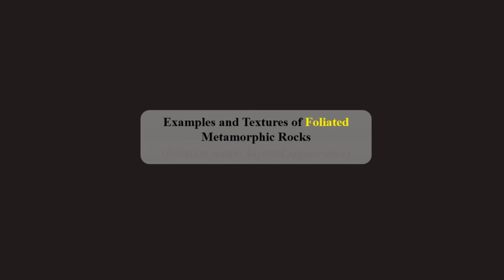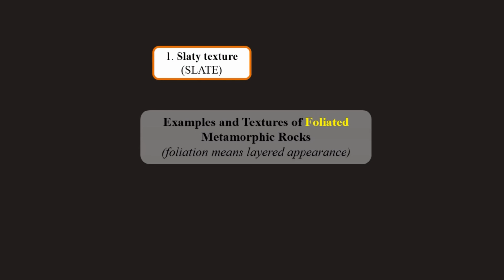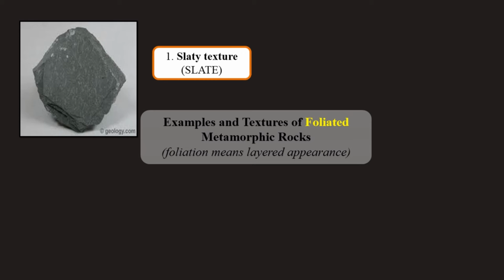Now let's talk about the different examples and textures of foliated metamorphic rocks. When we say foliated or foliation, it means that the rocks have a banded or layered appearance. This type of metamorphic rocks may exhibit a slaty texture. We have here the slate as an example.